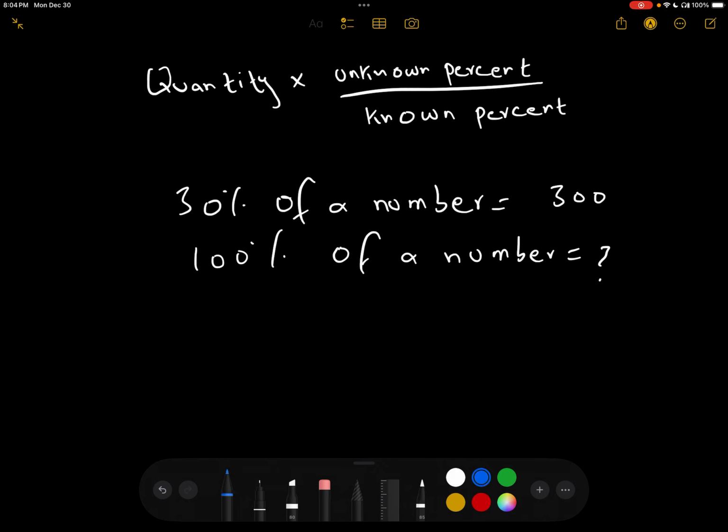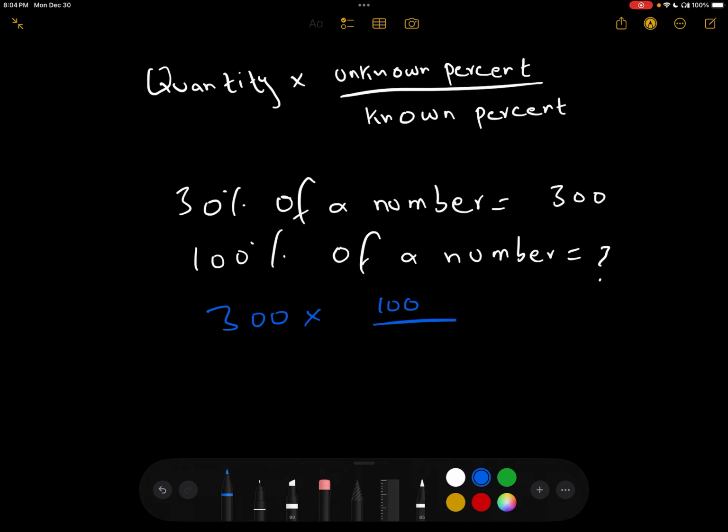In this formula, I've given the quantity 300. I will multiply it with the unknown percentage. The unknown percentage is 100 over here. We don't know how much is the 100 percentage of this number. So I will multiply it with 100.